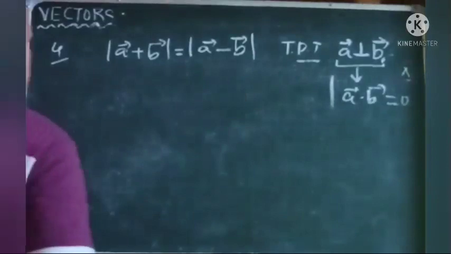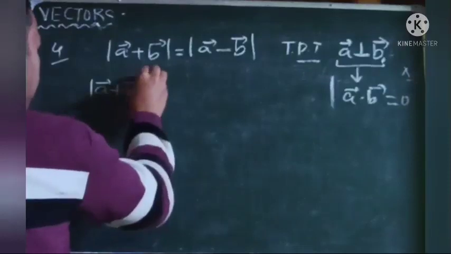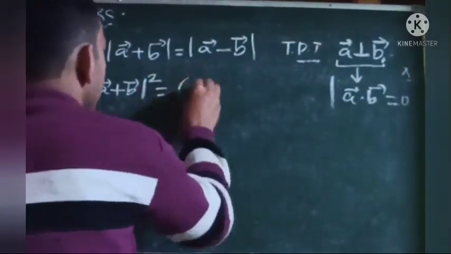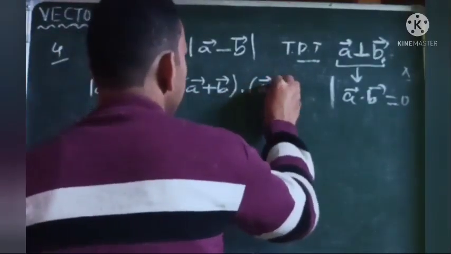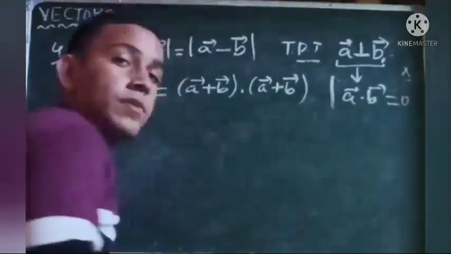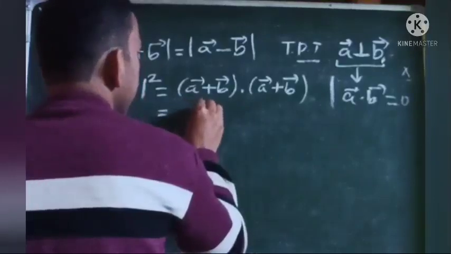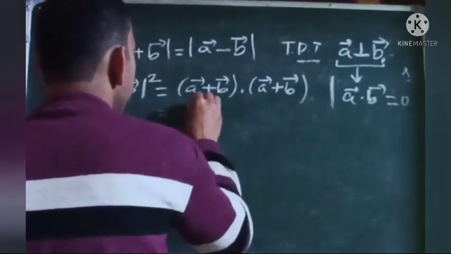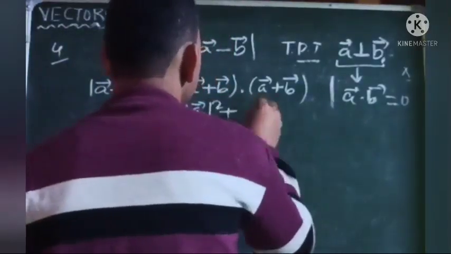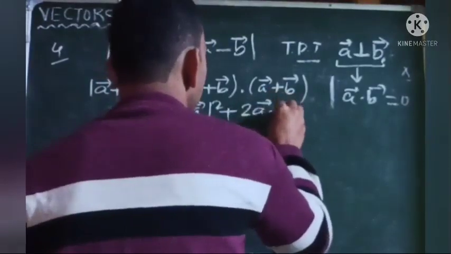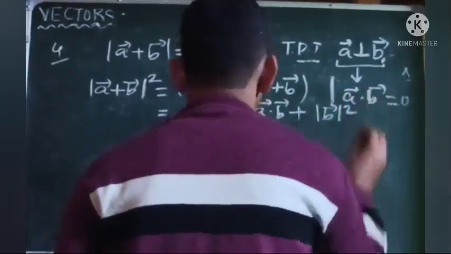Now we know that magnitude of A vector plus B vector whole square is equal to A vector plus B vector dotted with A vector plus B vector. We have already learned this. Now let's open the two brackets. A vector dot A vector is mod A whole square, plus A vector dot B vector plus B vector dot A vector, so 2 times A vector dot B vector, plus B dot B, which is mod of B vector whole square.